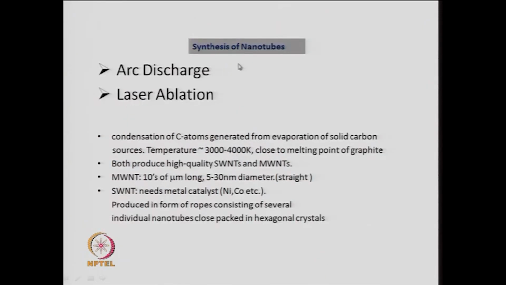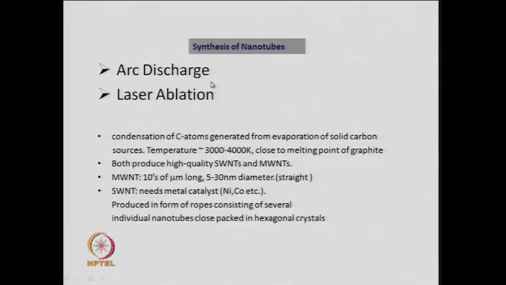Now, to describe the first two techniques, the arc discharge method and the laser ablation method, both involve condensation of carbon atoms generated from evaporation of solid carbon. So, you take a solid carbon source and evaporate it, either using an arc discharge or by laser ablation.